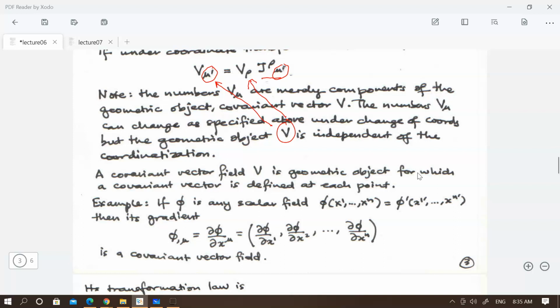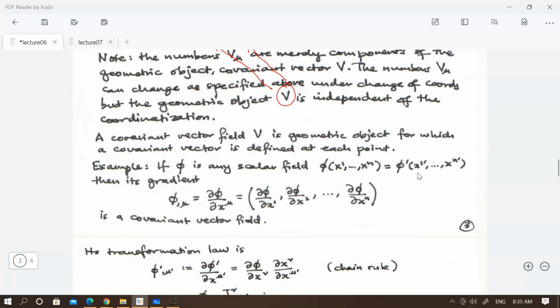So perhaps let me just go through this example, then it's a bit easier. Let's consider, for example, a scalar field. This can depend on your x coordinates, or it can depend on your x dash coordinates.